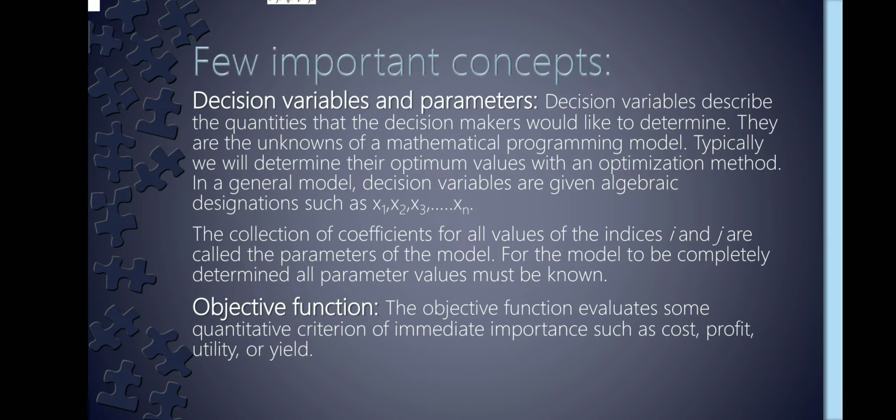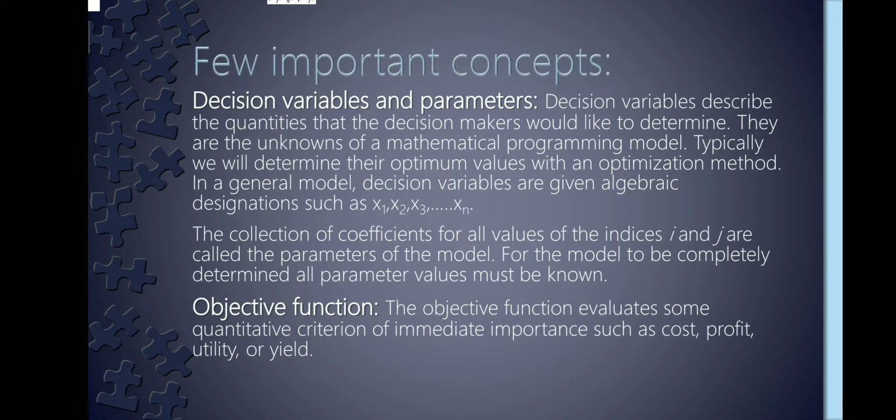Here decision variables are the quantities that the decision makers would like to determine, and these are the unknowns of the mathematical programming model. Normally we give them algebraic designations such as x1, x2, to xn, and the collection of coefficients for all values of the indices i and j are called the parameters of the model.